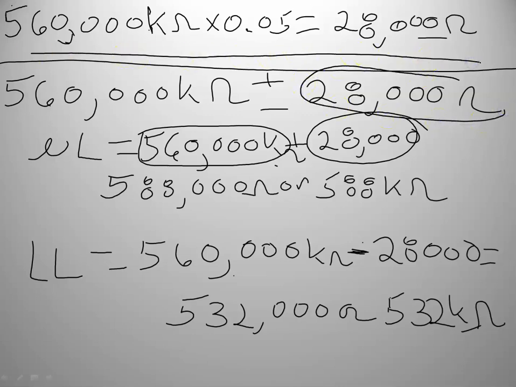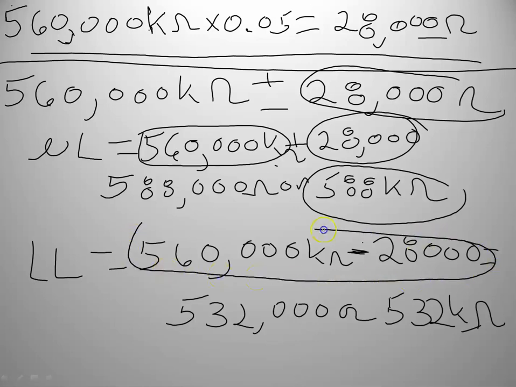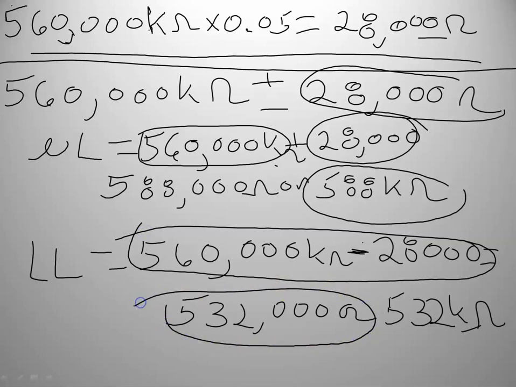All right, so my upper limit would be 588 k ohm, because I take 560 and I add 28,000 to it, and my lower limit is going to be 532,000 ohms, or 532 k ohms right there. So I have an upper limit and a lower limit.